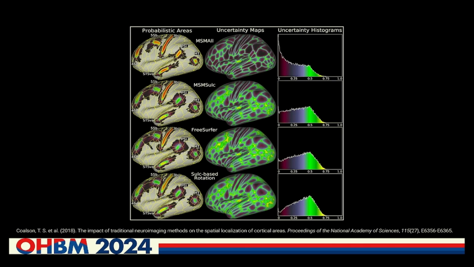And what we can see going down is we have this MSM-all based registration configuration compared to our folding based registration configurations, and we have these probabilistic areas that I've showed you before. We get much better overlap when we use MSM-all compared to single folding-based measures.